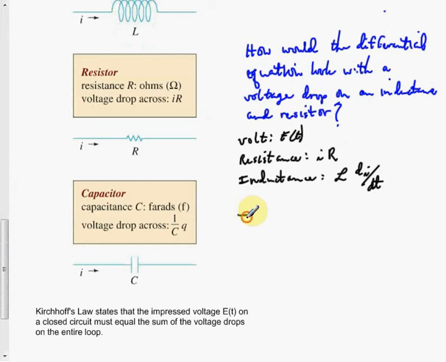So this would imply that we have L times di over dt plus R times I. Here, this current is a function of time, right? So I of t, if you will, and this is equal to E of t.